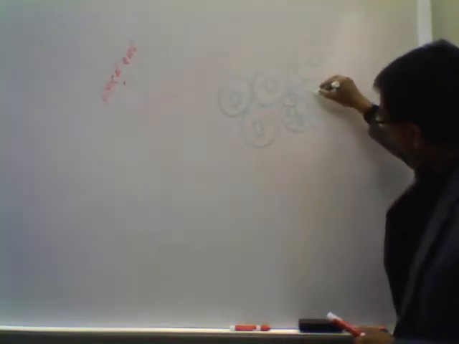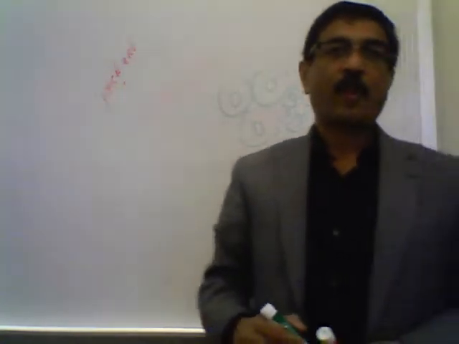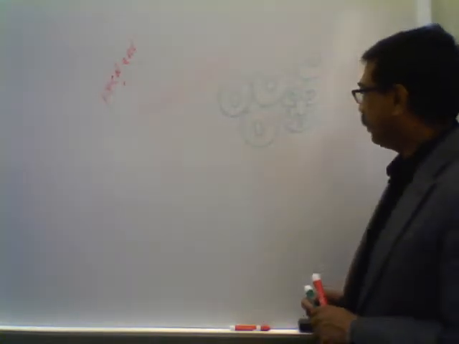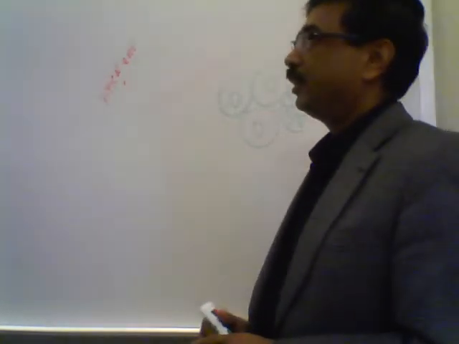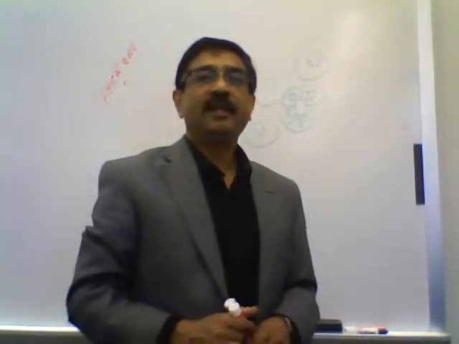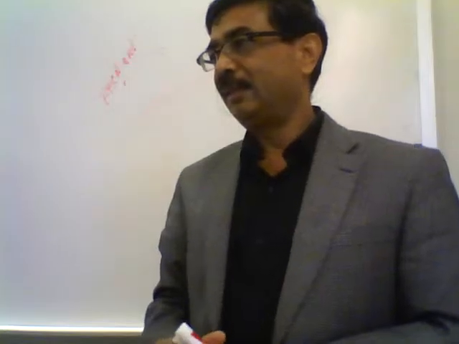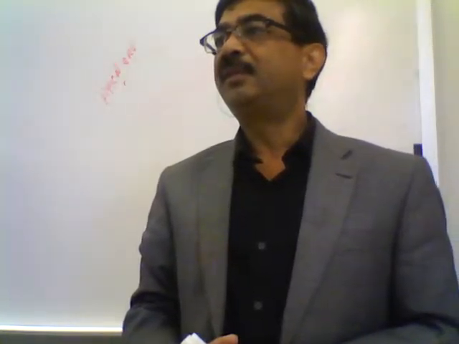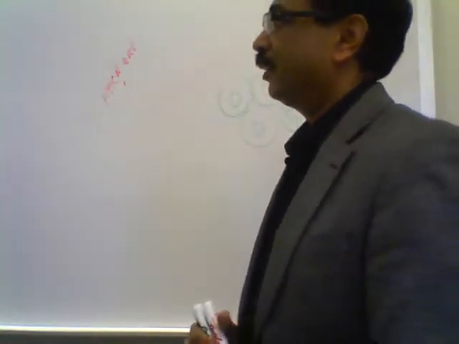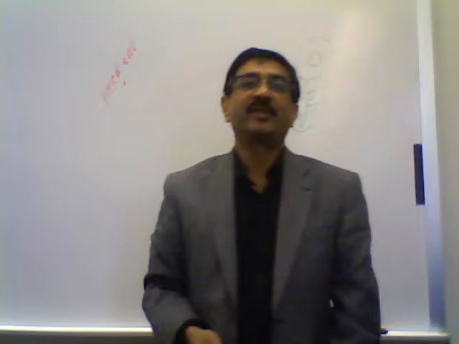So you see a single layer of cuboidal cells. That's why it is simple cuboidal. Where will you find it? In the kidney tubules. Inside the kidney, you have millions of very small, microscopic tubules. In the wall of those tubules, you will find the simple cuboidal.